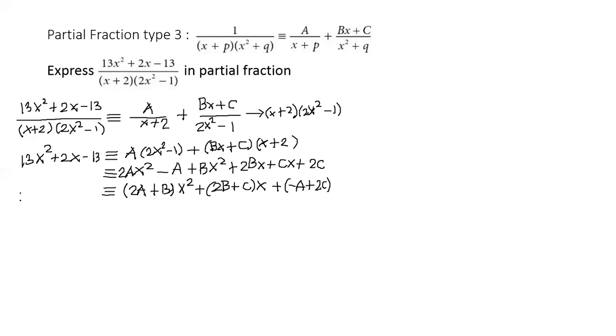So 13x squared plus 2x minus 13 is identical to (2a plus b)x squared plus (2b plus c)x plus (minus a plus 2c).